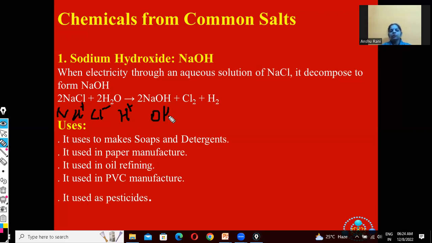Out of Na positive and H positive, H positive will reach the cathode fast, will gain an electron and give you H. Two atoms of hydrogen will combine together to form hydrogen gas.